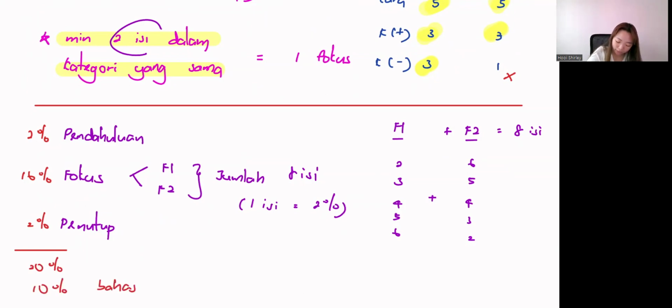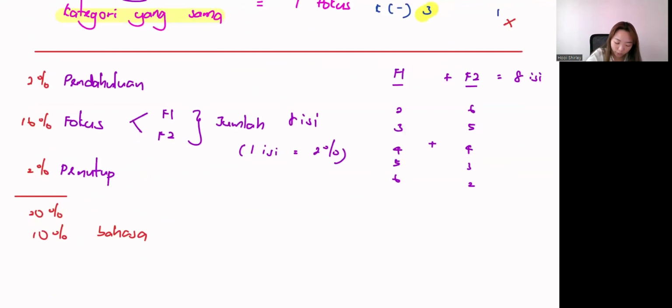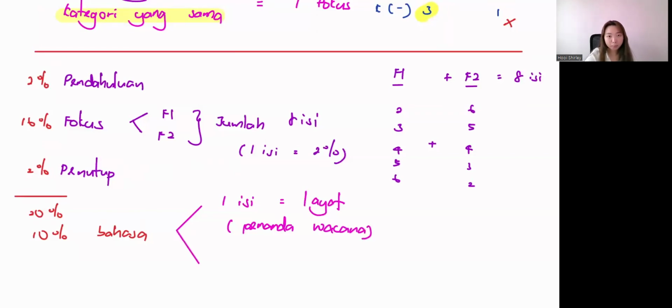So for the bahasa, how do you get the bahasa marks? Okay, over here. Satu isi, satu ayat. Dengan menggunakan apa? Penanda wacana. Dan setiap ayat tidak boleh bermula dengan kata kerja.